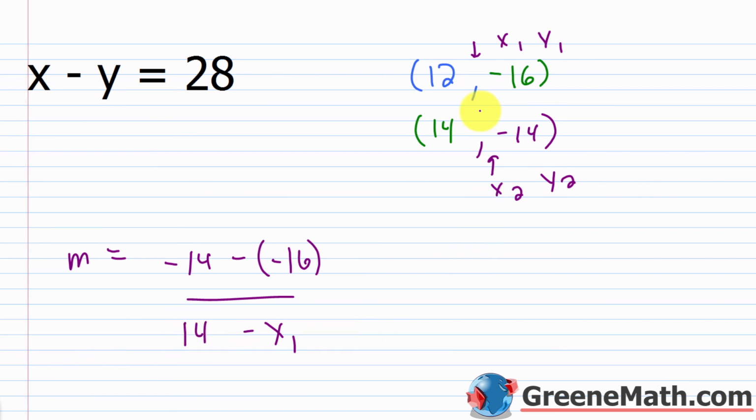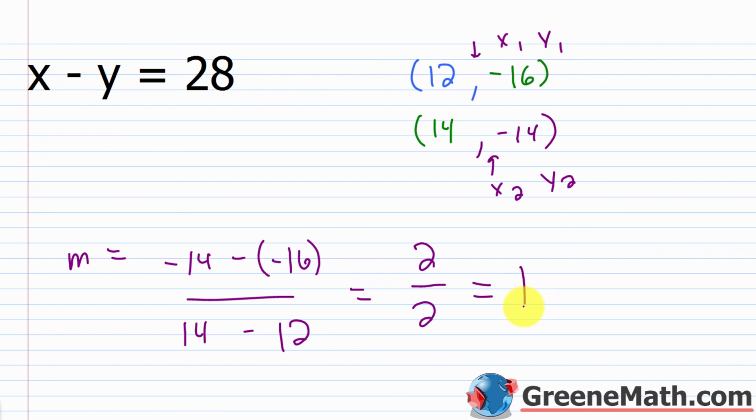My x sub 1 is 12. So negative 14 minus a negative 16 is the same thing as negative 14 plus 16, which gives me 2. 14 minus 12 is also 2. 2 over 2 is 1. So you remember when we solved this equation for y, we found that the slope was 1. So look how much easier that was.